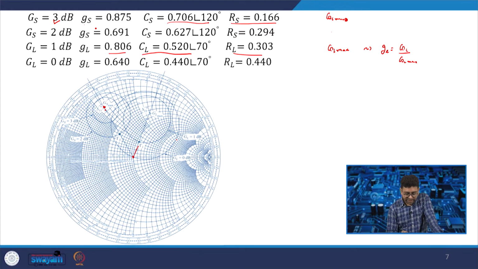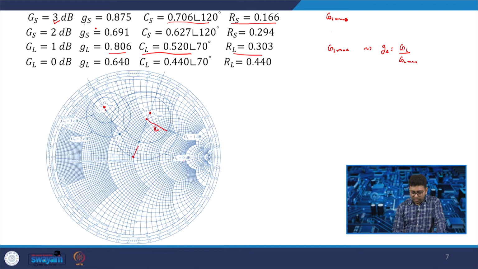gamma L. At the point where it is S22 conjugate, you will get the maximum GL max, and when you want GL equal to 1 dB, that will have a circle with a center somewhere here, and you will have a radius of RL.